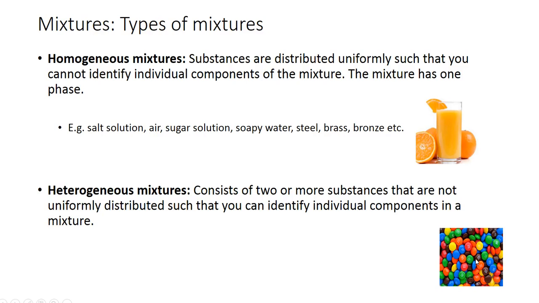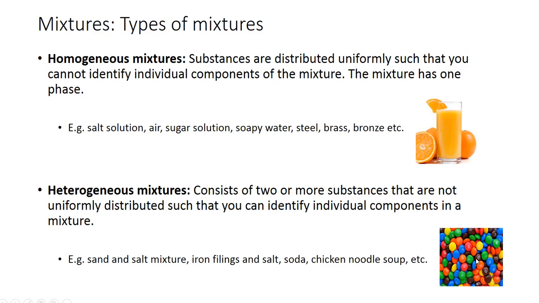That's the easiest thing about heterogeneous mixtures. Some examples: sand and salt mixture, iron filings and salt, soda, chicken noodle soup, and the like. Another major difference between homogeneous and heterogeneous mixtures is that it's easy to separate heterogeneous mixtures because you can just collect the things by hand. Here I can just collect these ones by hand.